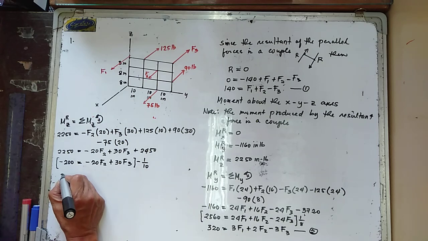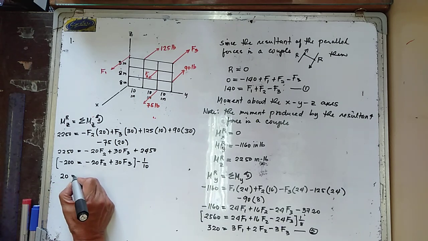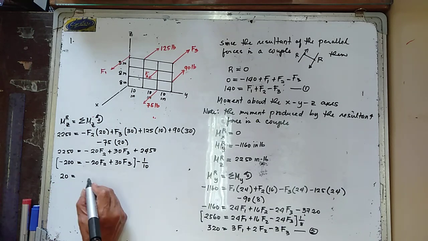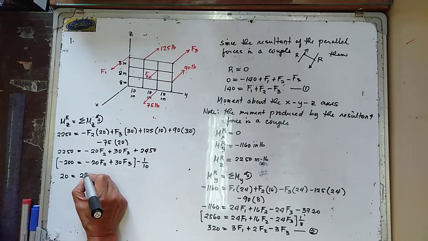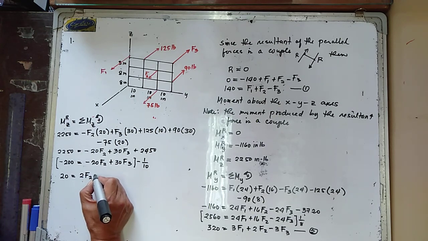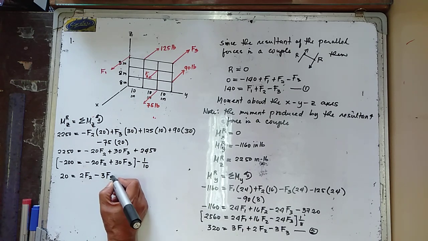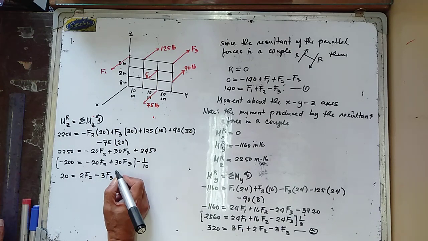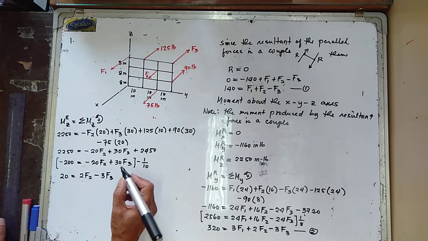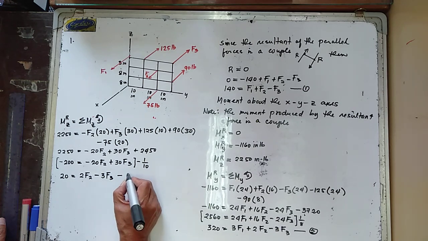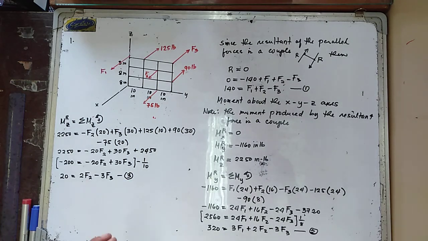So this will now become 20 is now equal to 2F2 minus 3F3. So I'm going to consider this one as the third equation.